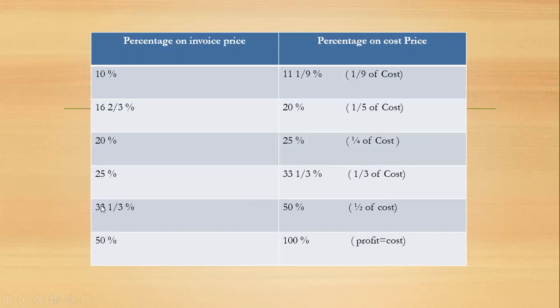Same 30.1 by 3% will be treated 50% on cost price. And if 50% invoice price profit is there, then 100% is of cost price. So this is the table of percentage on invoice price and percentage on cost price.